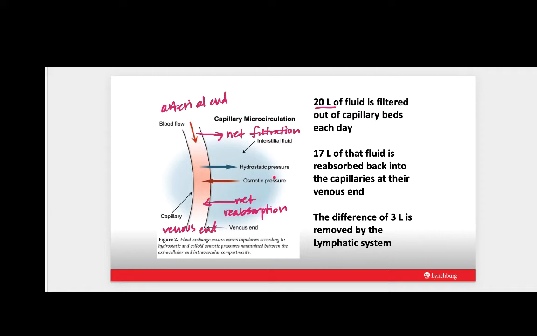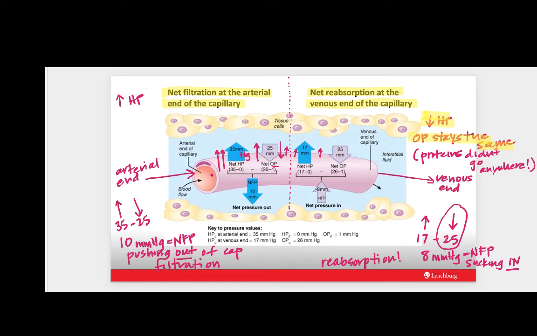We pull a lot of that fluid back into the capillary, 17 liters or so, right? So because we have a net reabsorption at the venous end, we're able to recapture most of that fluid. But this is basically summarizing all the details that we just went through here.